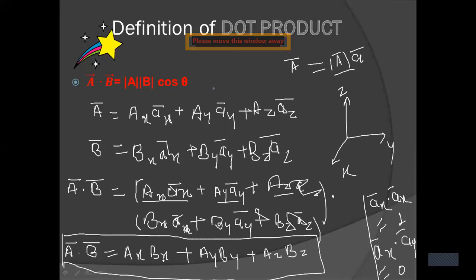Okay, so from this equation you can observe that when you are taking the dot product of any two vectors, there is no vector quantity. Is there any vector quantity? Yes or no? No. These all are scalar quantities.